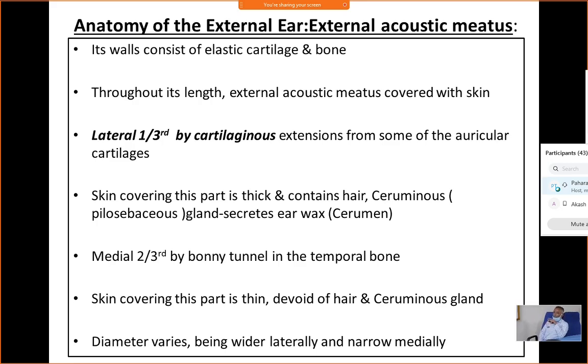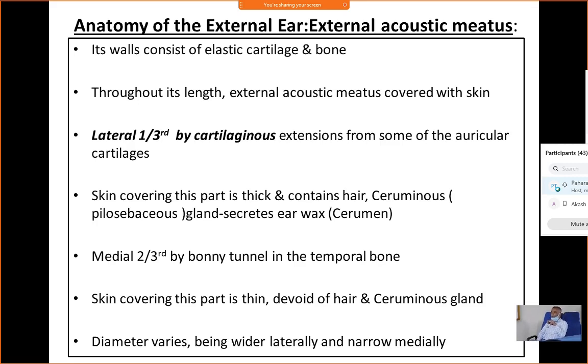As the lateral 1/3 has hair follicles and glands, there is a chance of infection of the hair follicles as well as the sebaceous or ceruminous glands. Ultimately, the chance of infection is more on the lateral 1/3 because of the presence of hair follicles and glands.